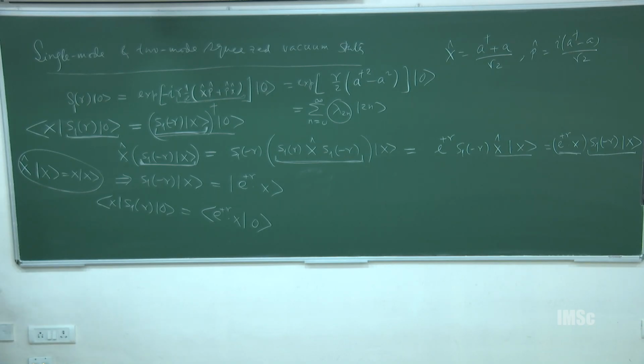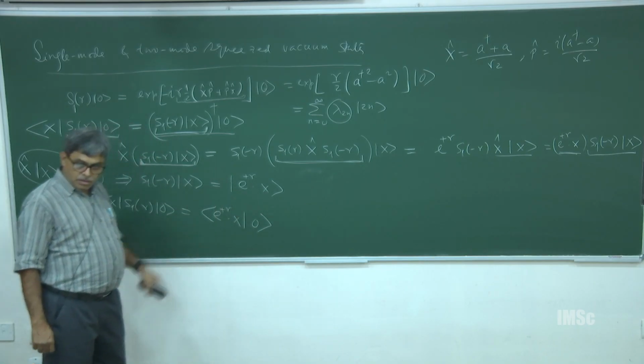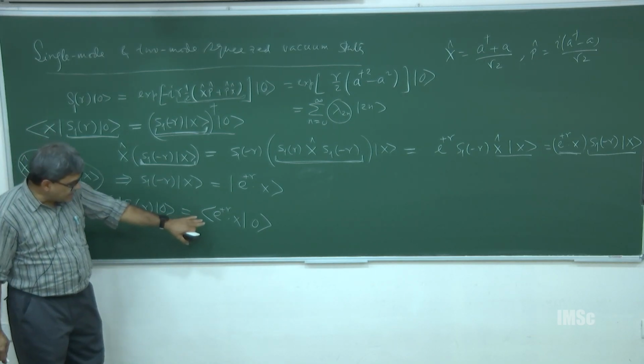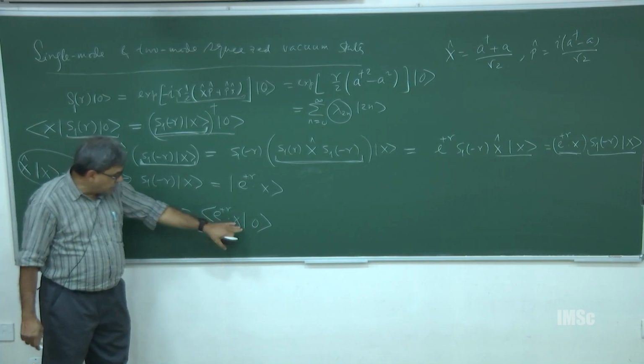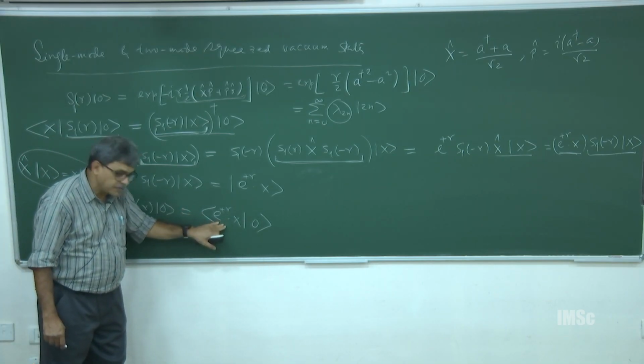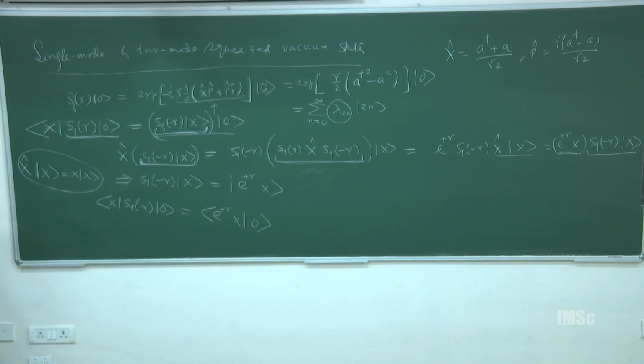This is a position eigenvector corresponding to this position. So is this clear? So therefore this is the position representation of the vacuum state corresponding to this position. Is it clear? Okay.